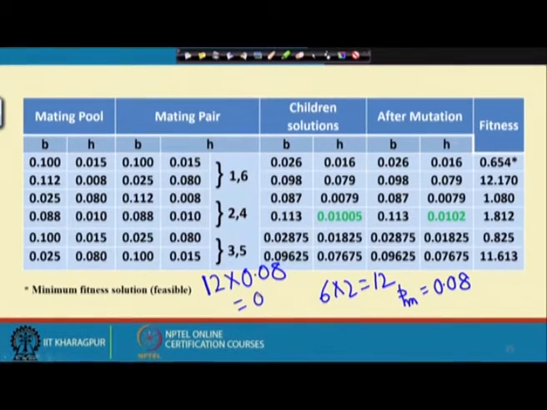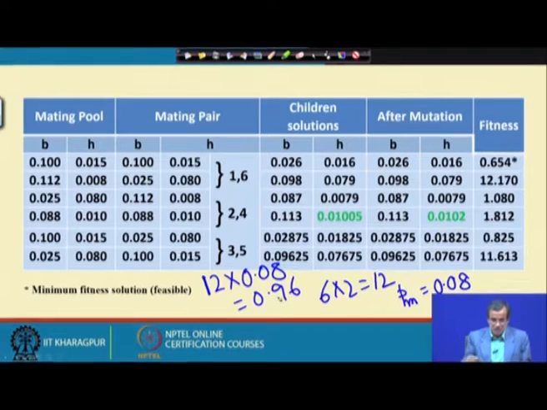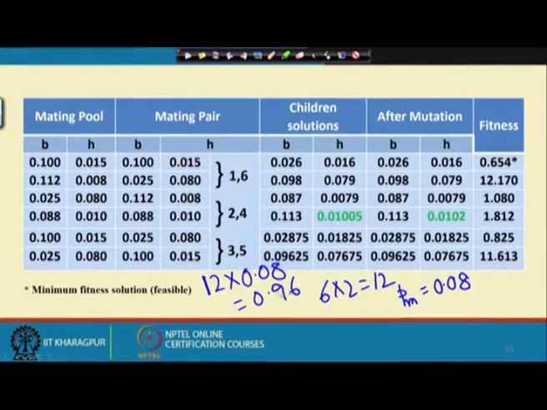So, this is nothing but 0.96. That means, this is once again very near to 1. That means, with these 12 numerical values, there is a possibility, probabilistically, that mutation will occur only on one numerical value.